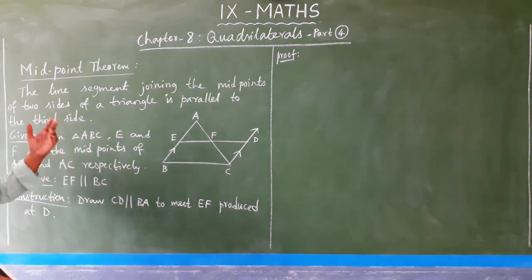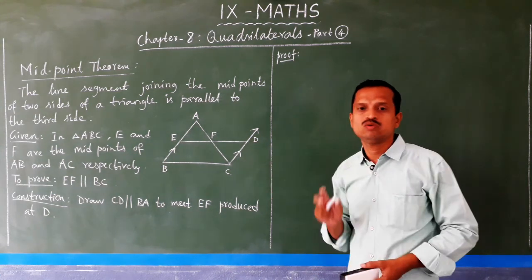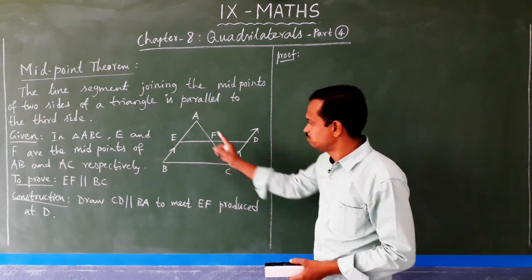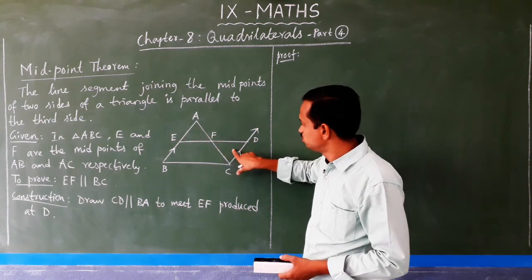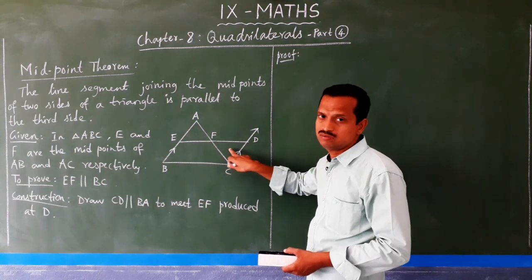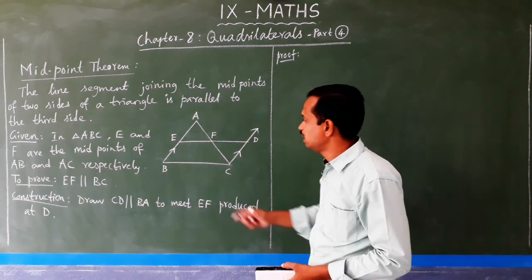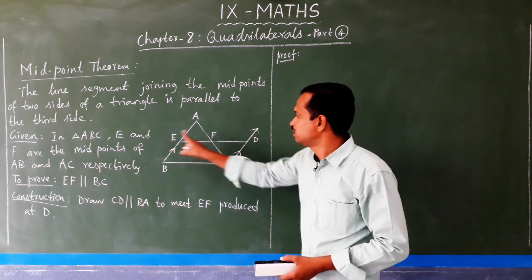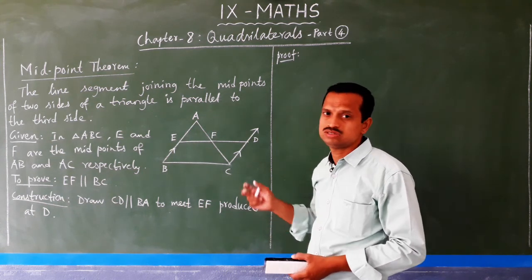Now coming to the proof part, we have to say EF is parallel to BC. For that we need the construction. In triangle ABC, AEF is one triangle and CDF is another triangle, outside ABC, which we get after the construction. First we have to say BCDE, a four-sided figure, a quadrilateral, is a parallelogram.